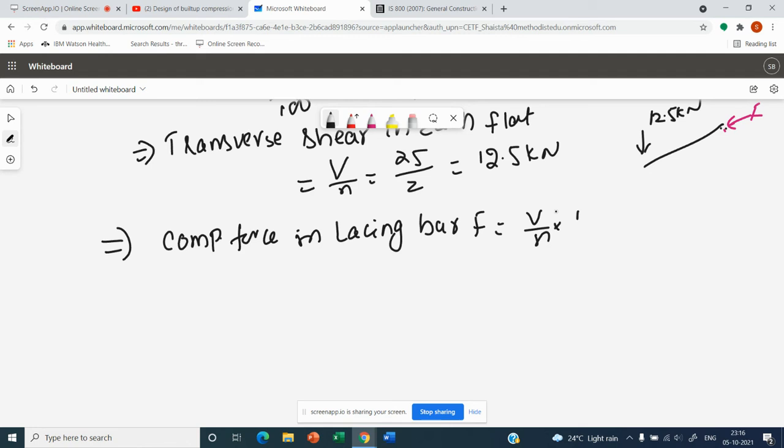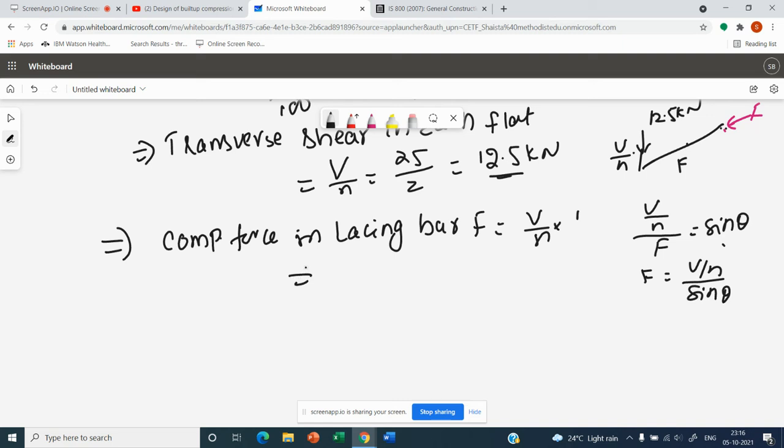Suppose this is 12.5. We want its inclined component. So this is opposite, this is hypotenuse. So for example, this is V by N, this is F. Then V by N by F is equal to sine theta, or F is equal to V by N by sine theta. I hope you got it.